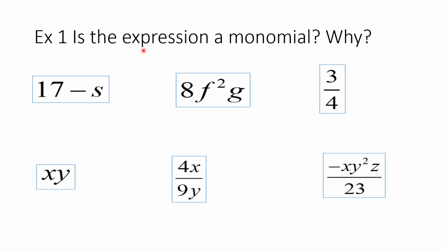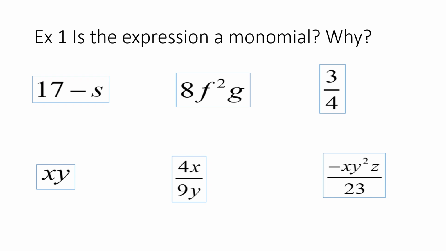First, let's identify which of these are monomials. 17 minus s is not a monomial because it consists of two terms.